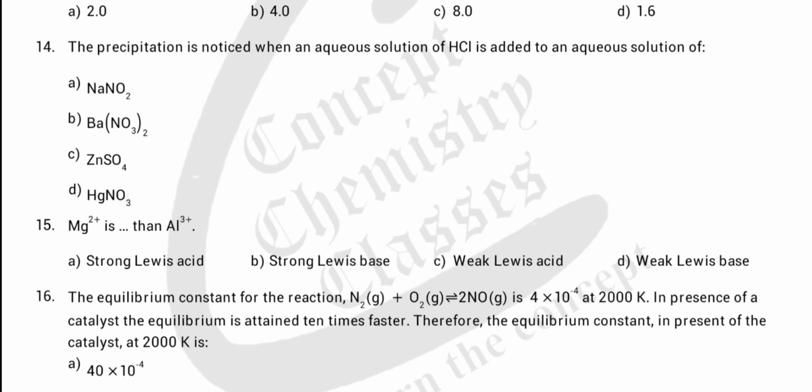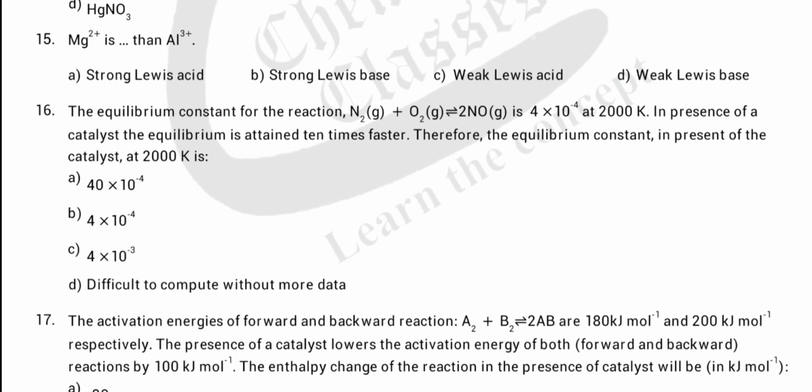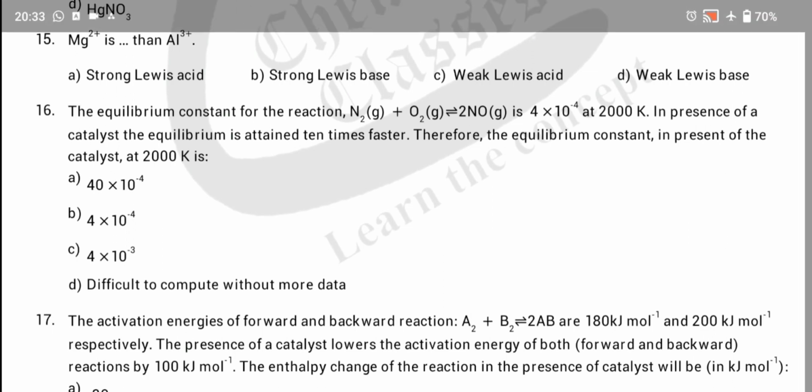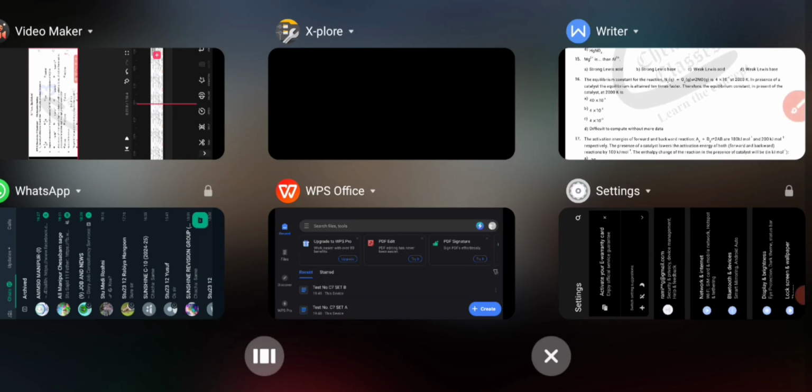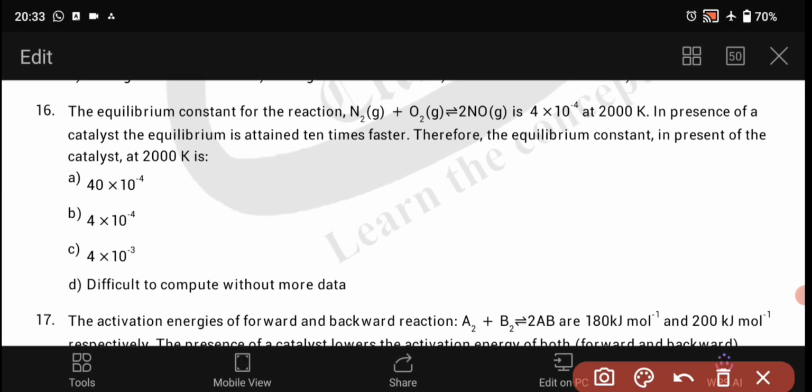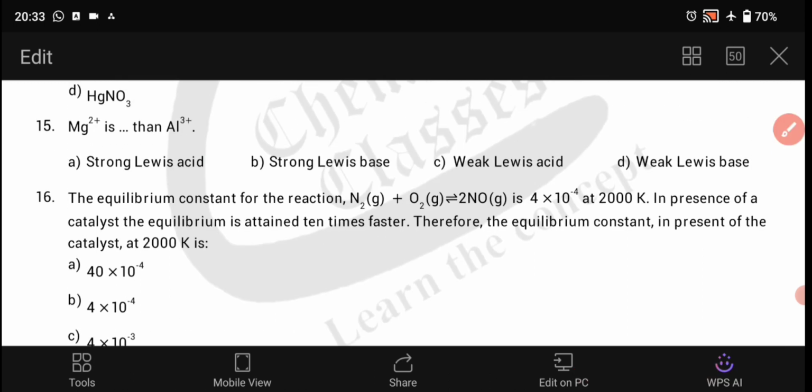Okay, now let us move to the next question, which is about magnesium 2 plus and Al3 plus. These are Lewis acids.